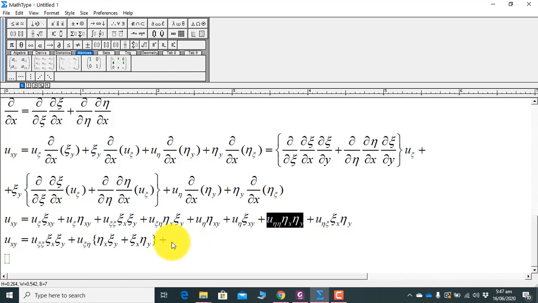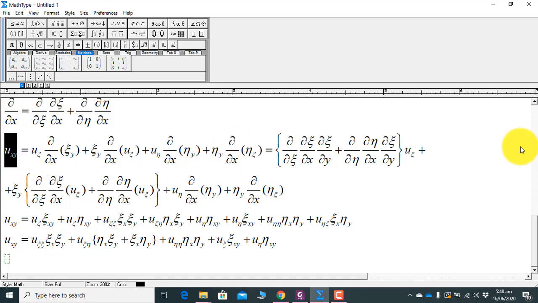This is the second last term, and the one remaining is the linear terms, u xi xy plus u eta xy. This is the arrangement which I have written. So I am concluding, there was a second order partial derivative with respect to xy.